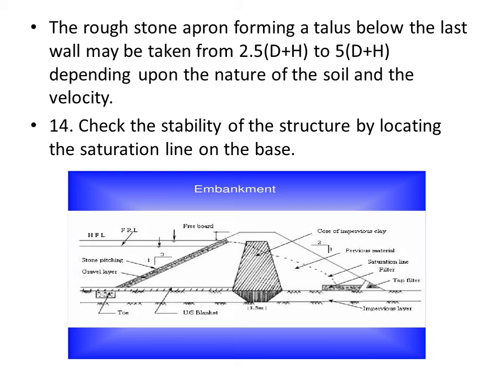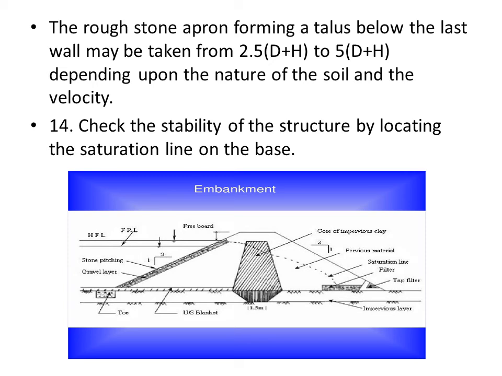And this is how the section of the percolation tank embankment looks. We see this is the casing material of the embankment, which is locally available in that area, and you have to provide an impervious core at the center, and this is the key trench which is provided.